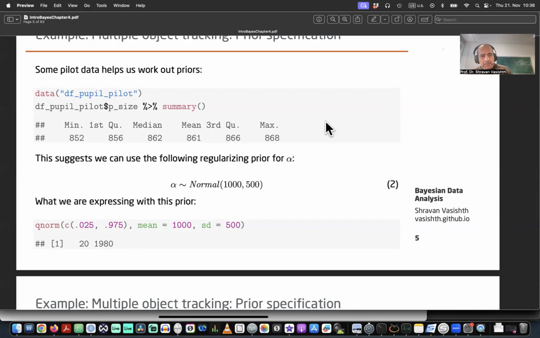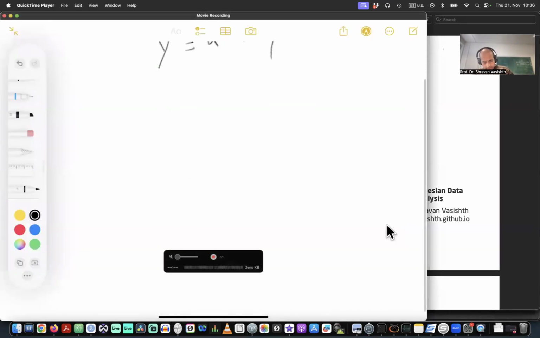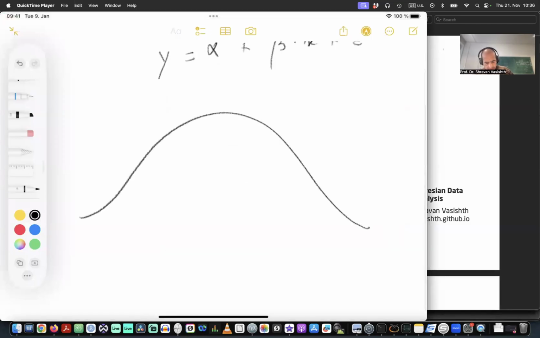What it actually means graphically is that a normal distribution prior with mean 1000 and standard deviation 500 means that with 95% probability, I'm between 0 and 2000.